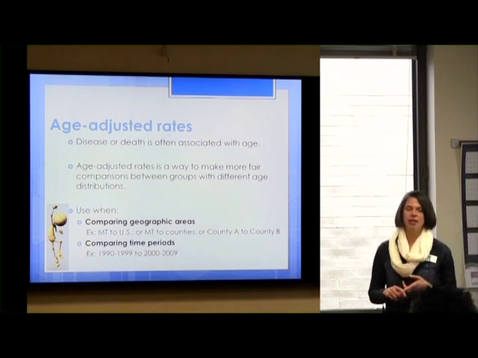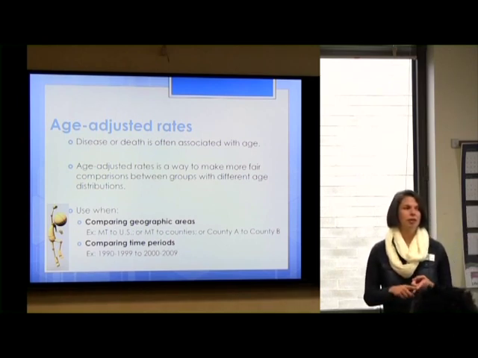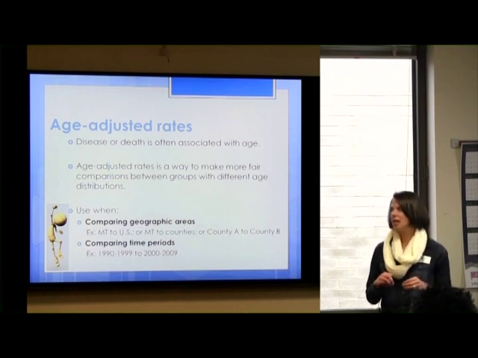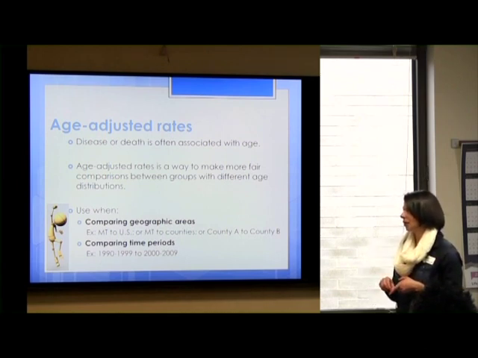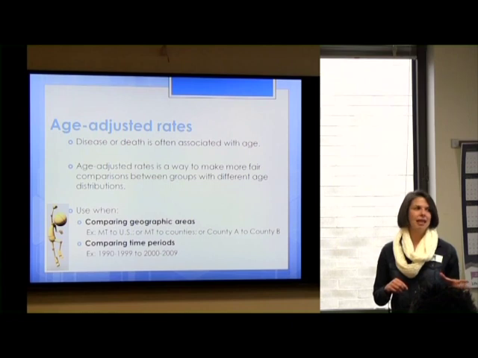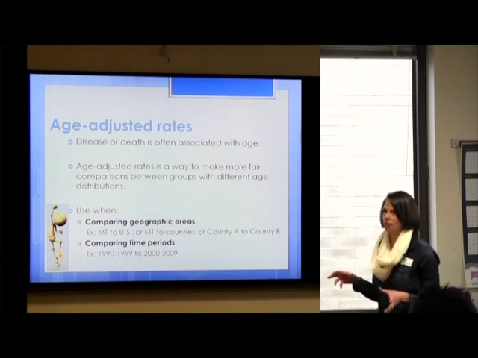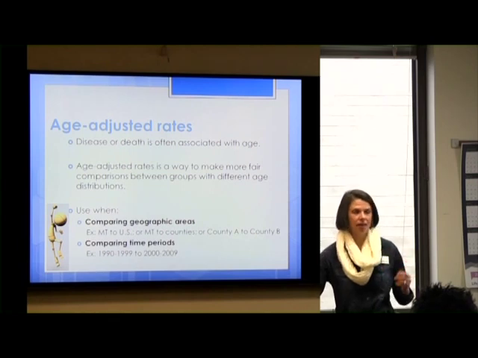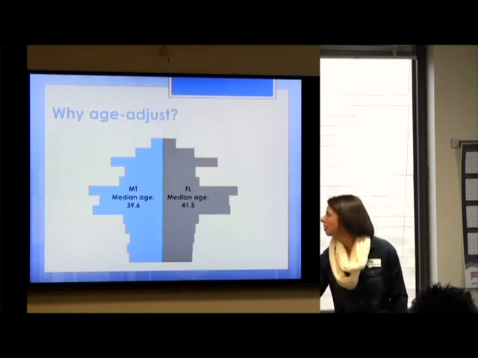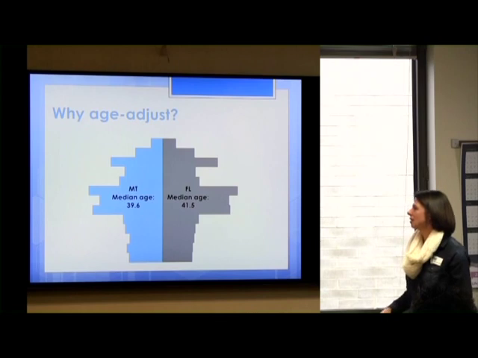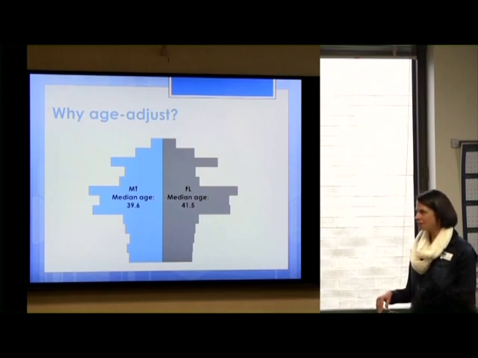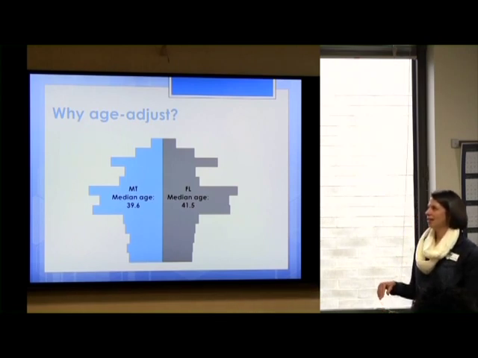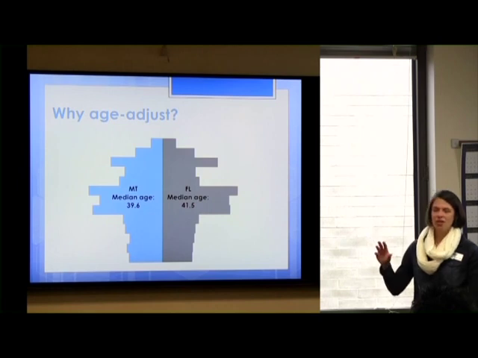So as I said, we do this when we compare rates of geographic areas, and then also when we're comparing time periods, like the 1990s compared to the 2000s. We might have different age structures in, say, Montana. So to illustrate this a little bit more, I have a graph that's showing the median age of Montana.